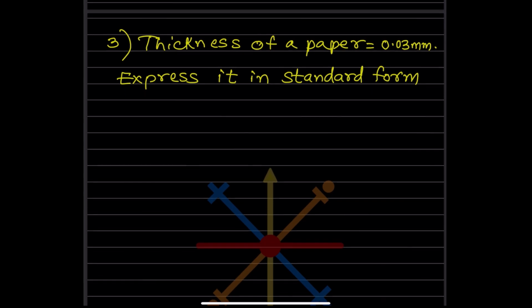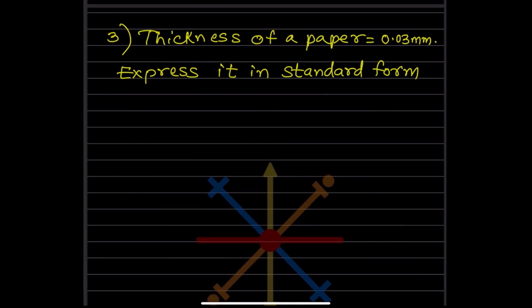Now the thickness of a paper is given, and you have to express this again in the standard form. So let us write here thickness of a paper, that is 0.03 mm.